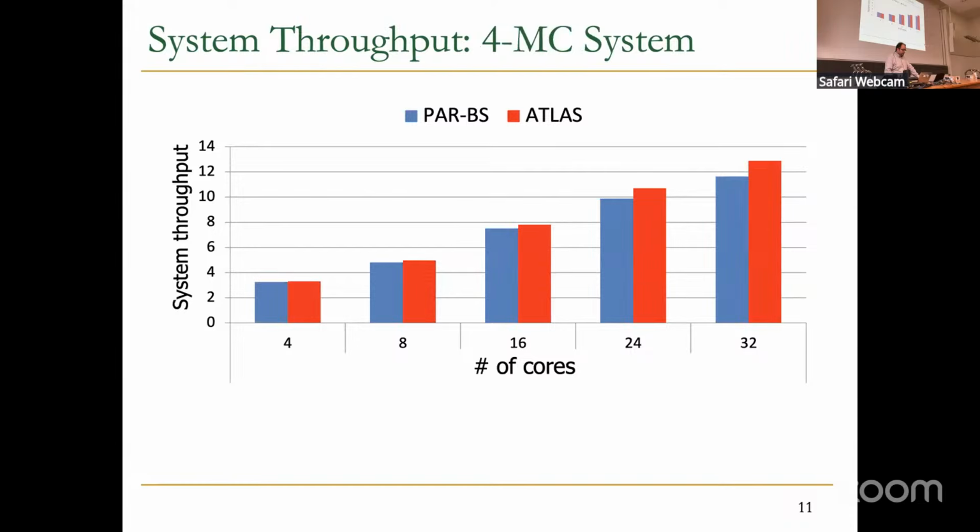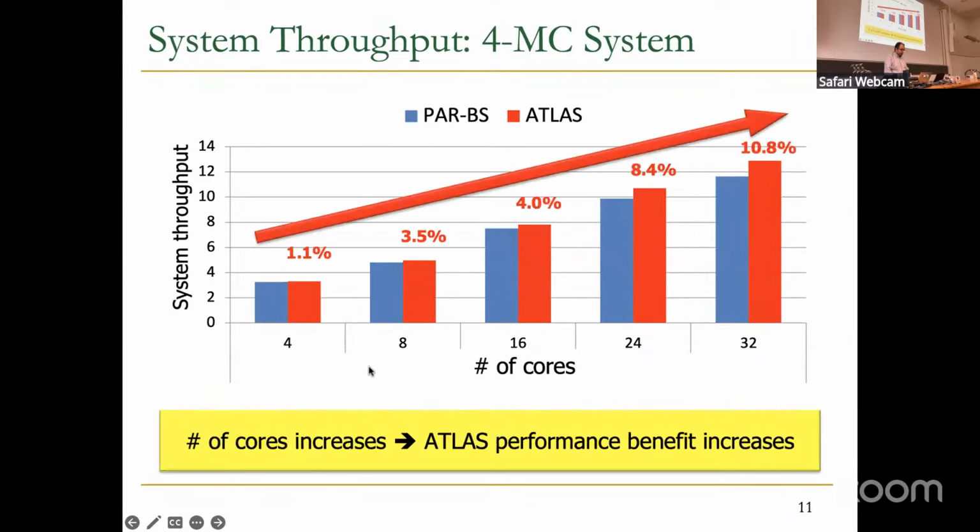Yeah, and also in the line of system throughput, in this plot we fix the number of memory controllers to 4, and we compare Atlas with PAR-BS, and then we change the number of cores. So 24 cores and 4 MCs is this one, but here we change the number of cores from 4 to 32, and we observe that by increasing the number of cores, we see higher performance improvement, and that's again because of the ratio of the number of cores to memory controllers.